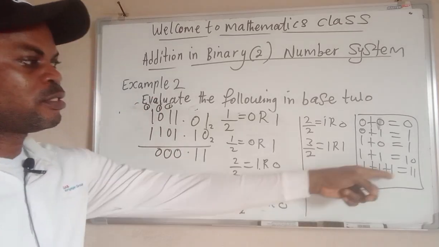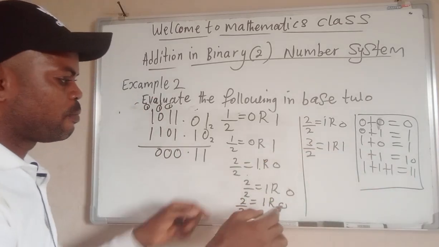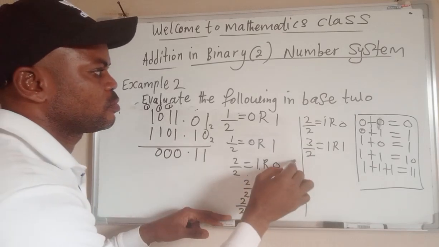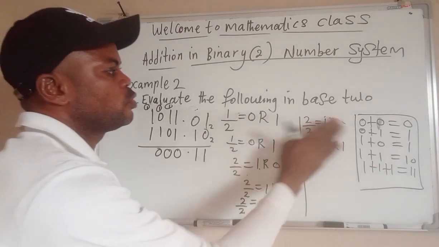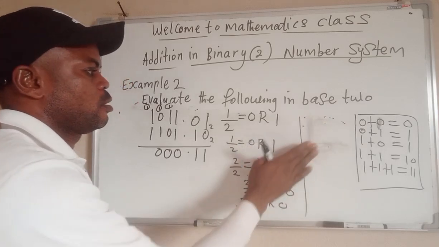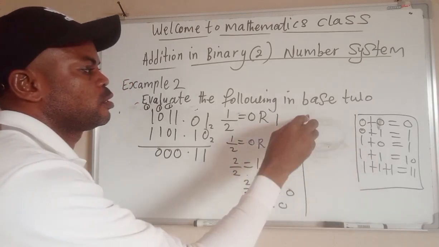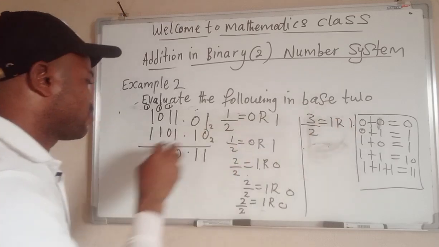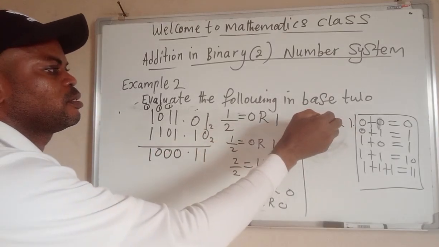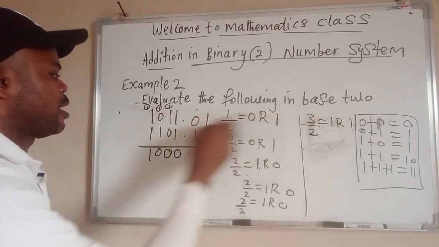By cramming, it is 11. But using this approach on the board, it's going to be 3. 3 divided by 2 gives you 1, remainder 1. So you bring down the 1 here, then the remaining 1, no other number here. So you bring down the last 1.